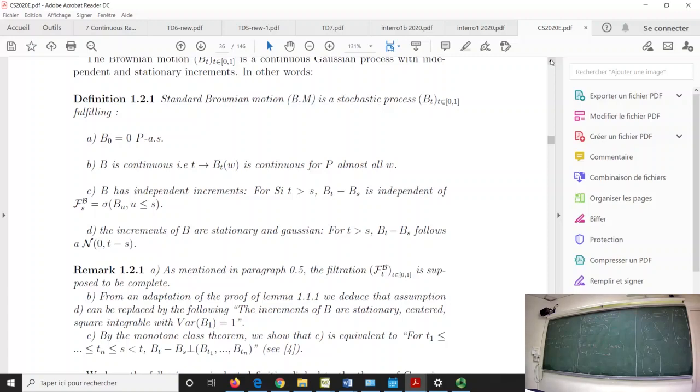And the idea is, when I have a look at the definition, I see that I have a lot of random variables that are independent, all the increments considered on disjoint intervals, or intervals with an empty interior. And then I have naturally a lot of vectors that are Gaussian because I have independent Gaussians inside.